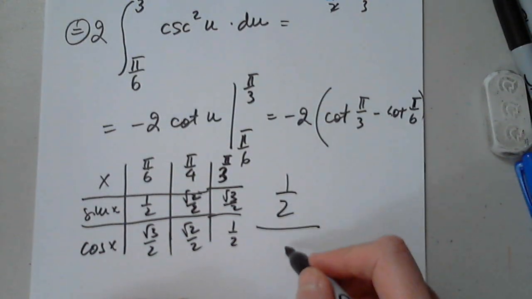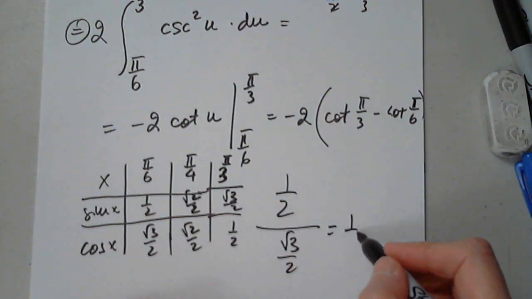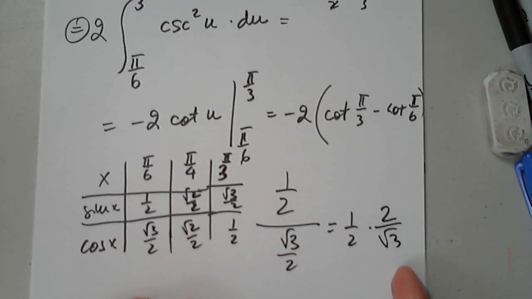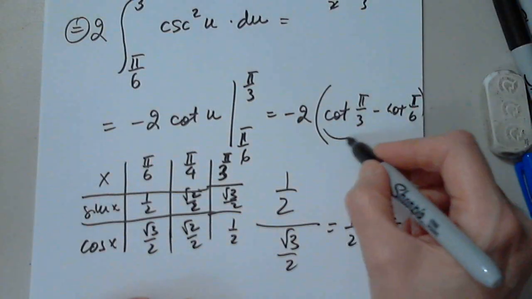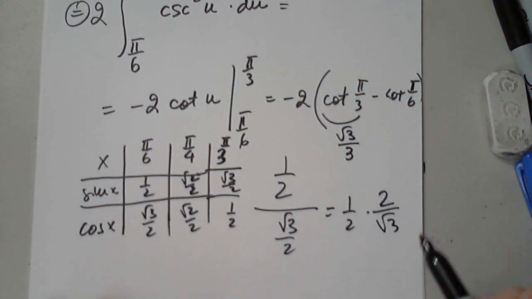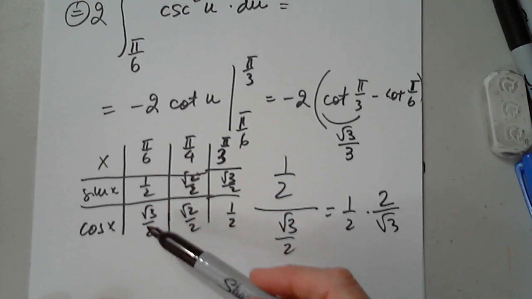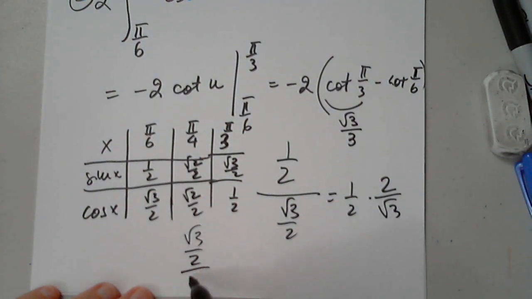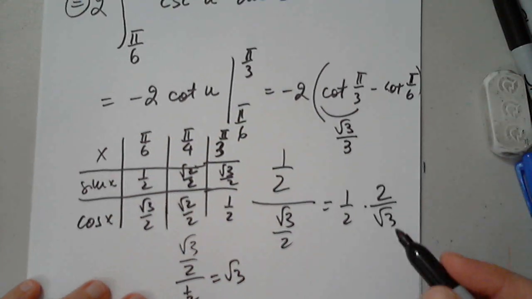So 1/2 divided by the square root of 3 over 2, when I flip them, I get 1 over the square root of 3. Or, rationalized, the square root of 3 over 3. For pi over 6 it is this over this. So the square root of 3 over 2 over 1/2, this is the square root of 3.